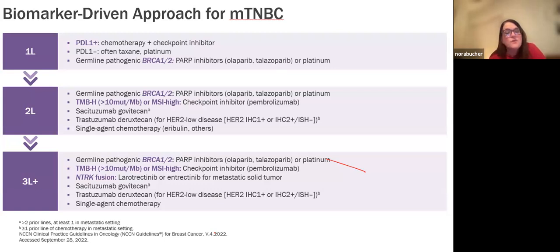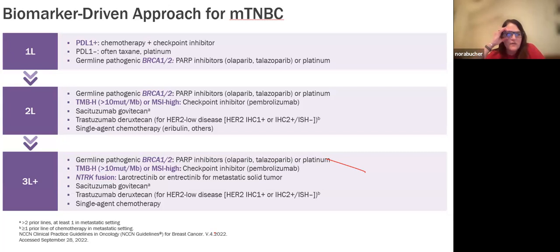And then this is also an interesting space where trastuzumab deruxtecan can come into play, because it has efficacy in triple negative breast cancer, or HER2 low, which often can be hormone receptor negative. And then also we have our single agent chemotherapy that we use.